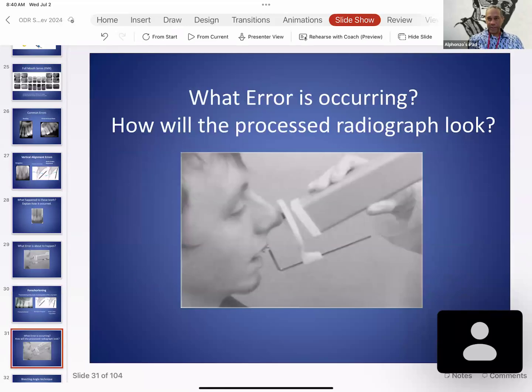And then here is a positioning error for the maxillary central, how they're taking it. You can see the difference in the angulation between the end of the tube head and the ring of the XCP.